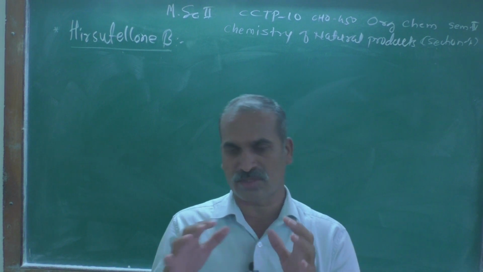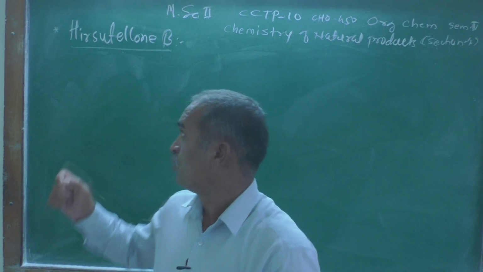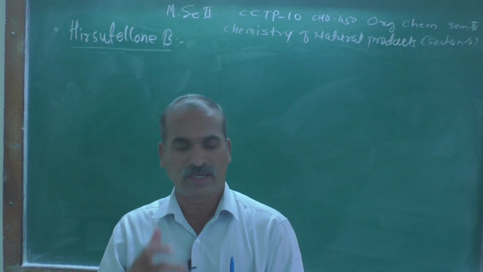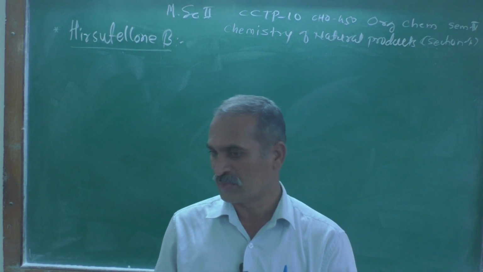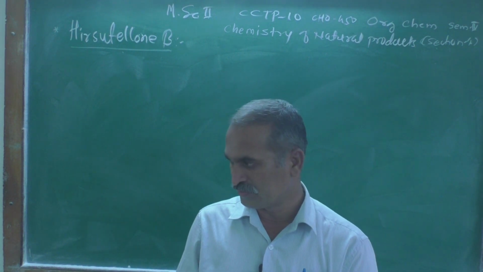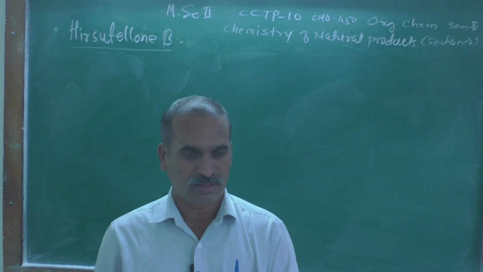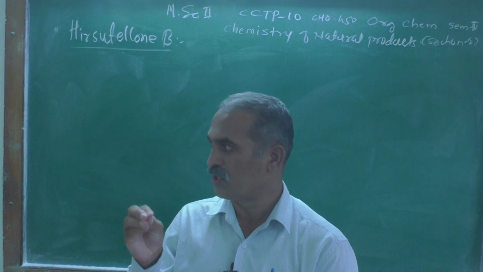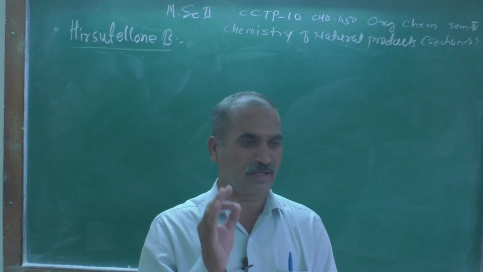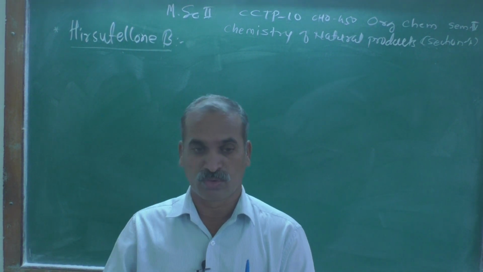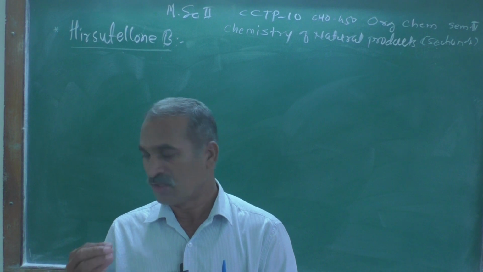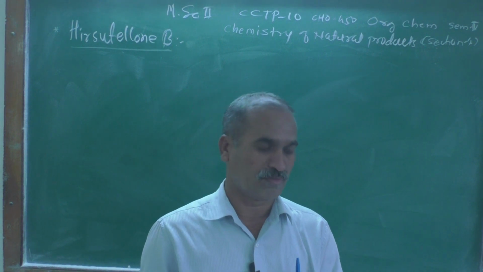If you remember the structure of hirsutolone B, there we already described some important characteristic features of hirsutolone B. It is a natural product which mainly possesses important biological activity such as anti-tuberculosis, and therefore to synthesize such a compound in the laboratory is a very big challenge before scientists.